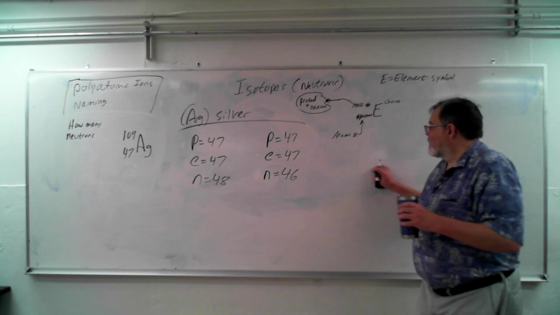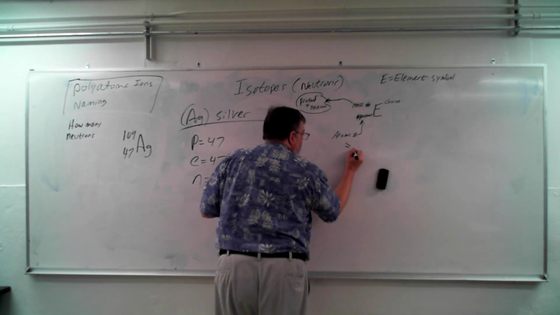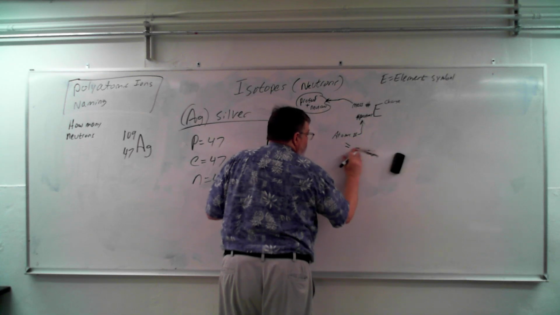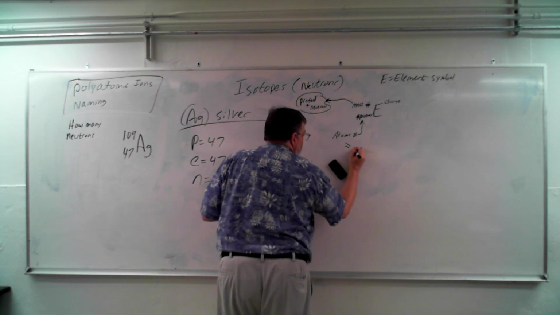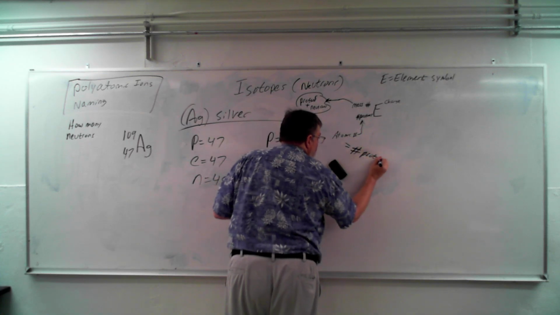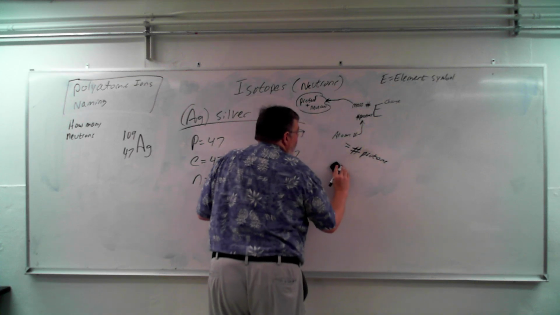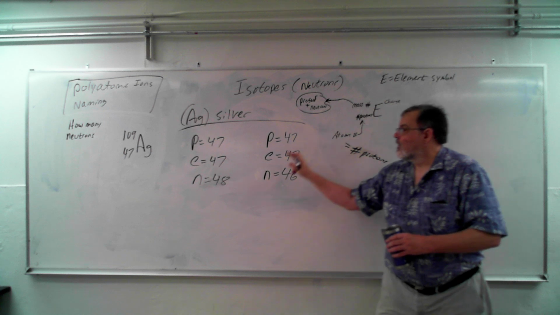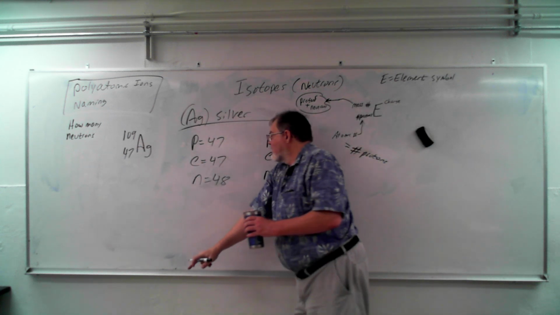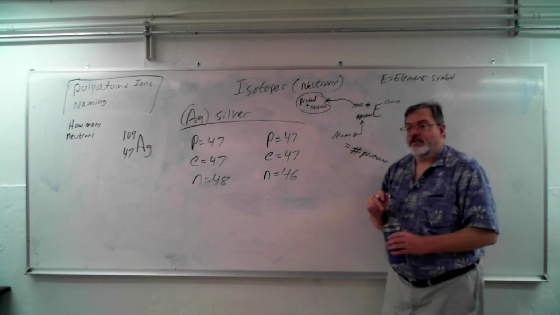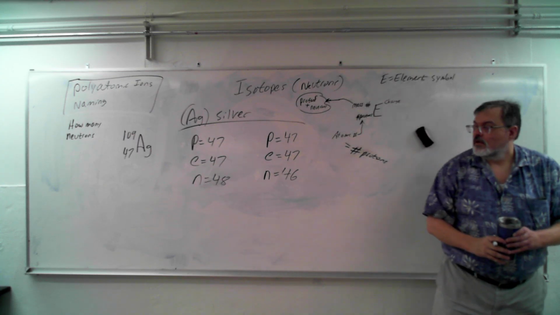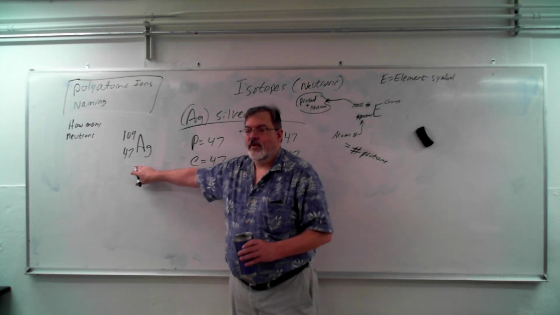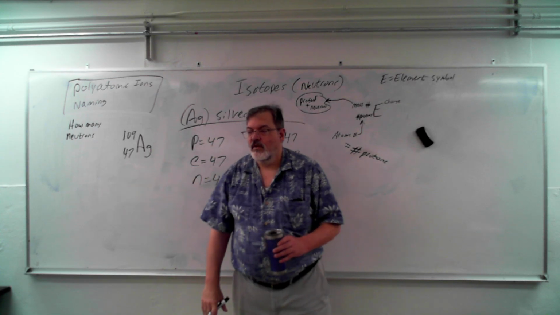This is atomic number, which equals the number of protons. And the mass number, written up here, is protons plus neutrons. So how many neutrons does this particular isotope of silver have?